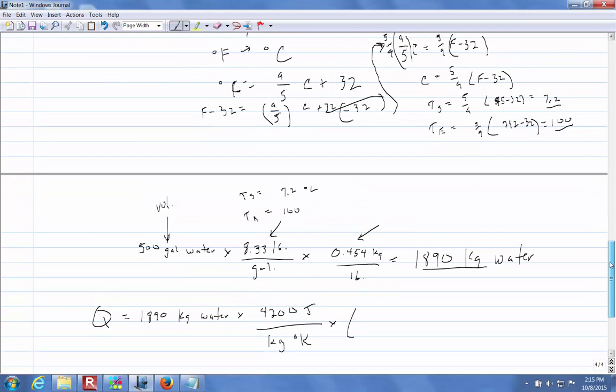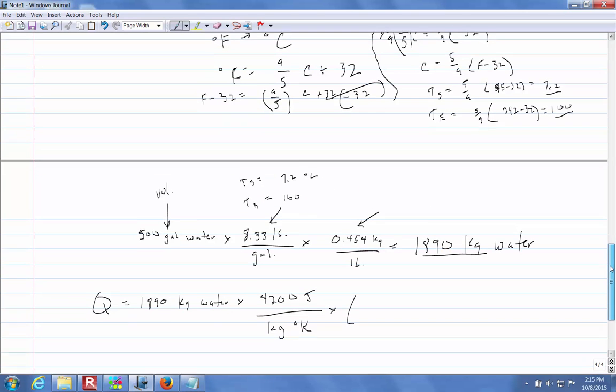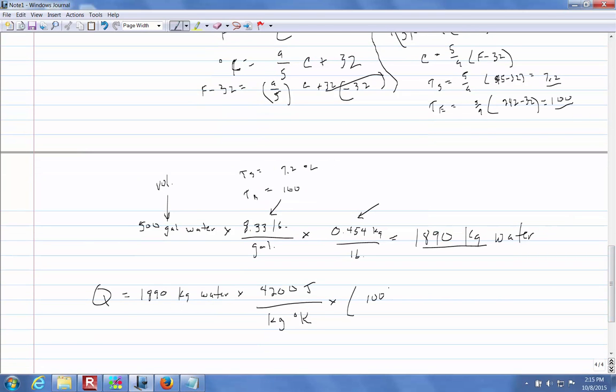And how should I do this? It's 100 degrees centigrade minus 273, excuse me, I do that every time, minus the 7.2 degrees Celsius minus 273 Kelvin.